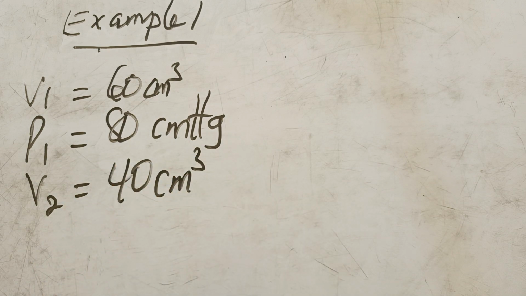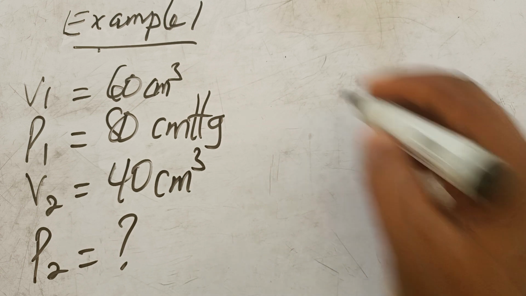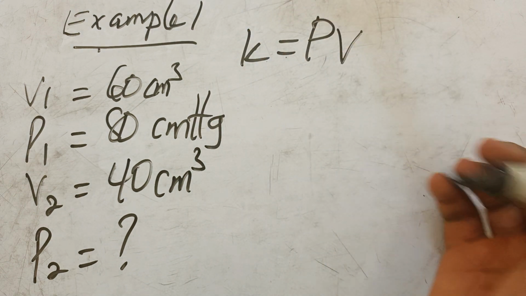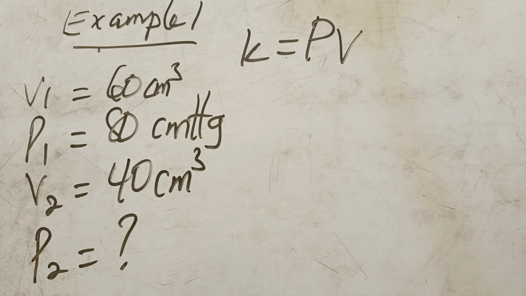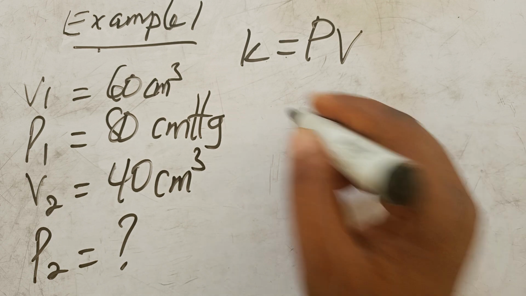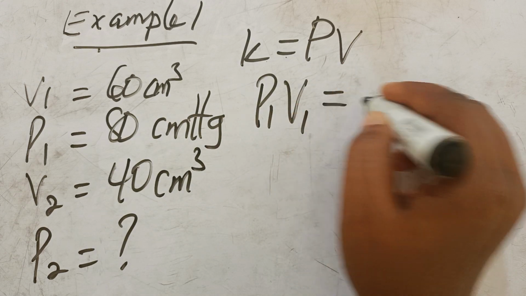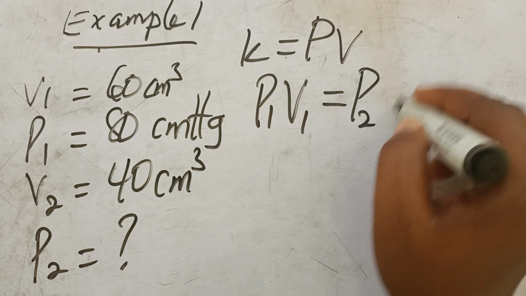The question says calculate the pressure. In accordance with Boyle's law, we understand that the constant is equal to the product of pressure times the volume. So we're going to equate that pressure and volume against pressure and volume.